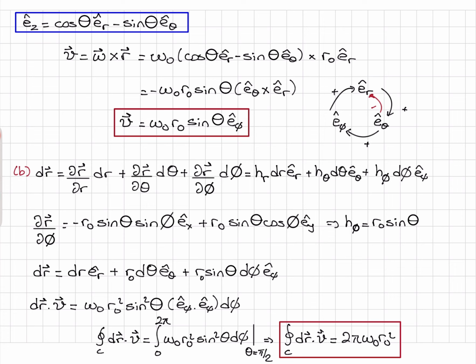So I would get omega 0 r0 square sine square theta d phi, e phi hat dot e phi hat is 1. And taking this integral over the equator, theta must be equal to pi over 2 because I'm on the xy plane, and phi ranges between 0 and 2 pi, so that gives me 2 pi omega 0 r0 squared because sine squared theta is equal to 1.